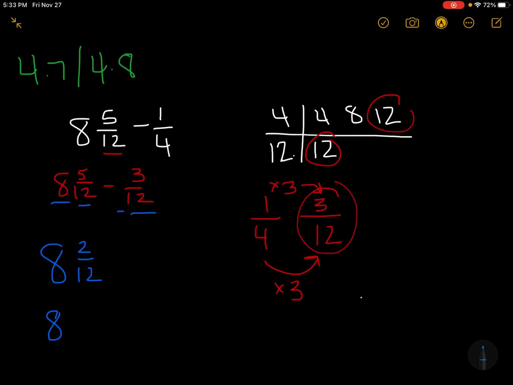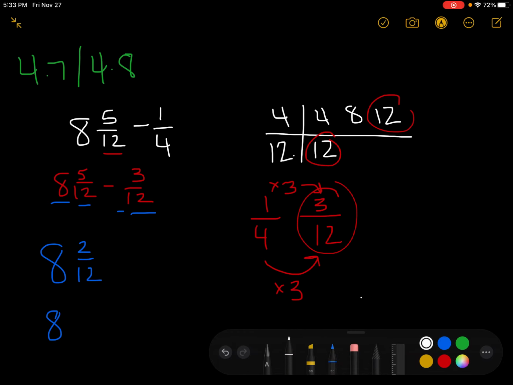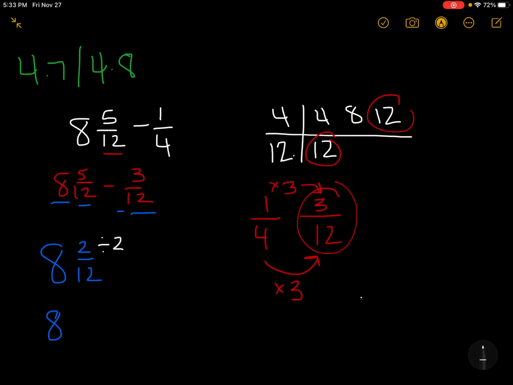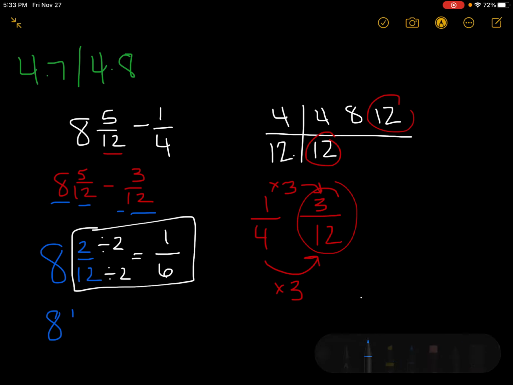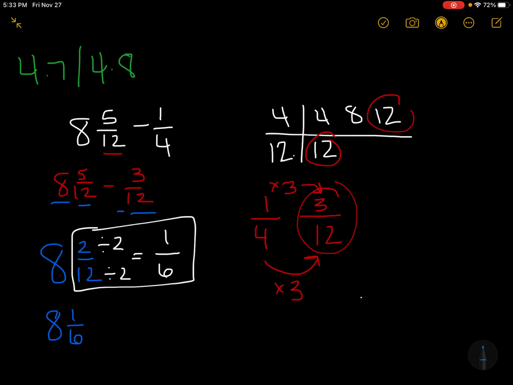So when I divide by 2 on both of those, 2 divided by 2 is 1, 12 divided by 2 is 6. 2/12 is the same as 1/6. So I can rewrite my simplified fraction as 1/6.